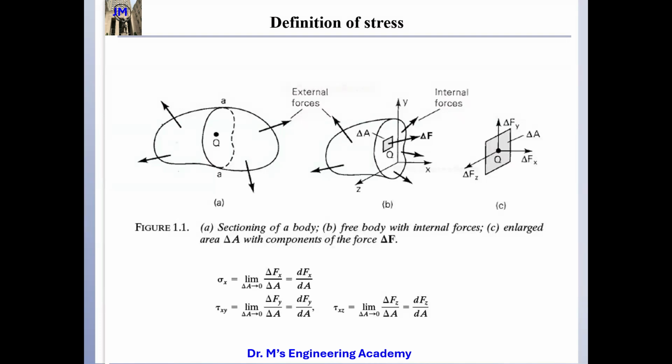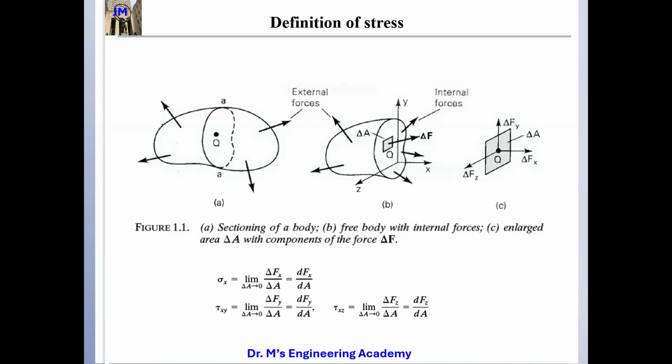So this is delta Fx over delta A. This one is in the X direction, so I use the subscript x to denote it. We take the limit as delta A goes to 0, and so we have dFx/dA, the derivative of Fx with respect to area. Questions?